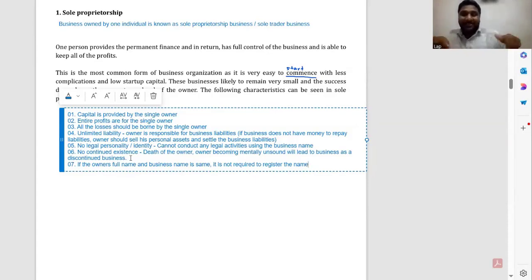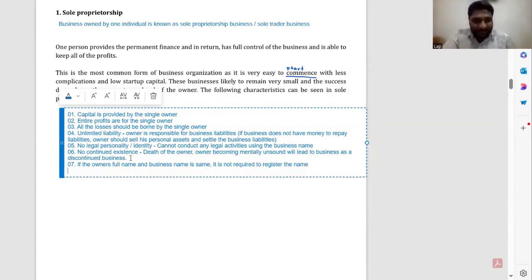So if the owner's full name and business name are not the same, it is required to register the name, because I am giving another name for myself.